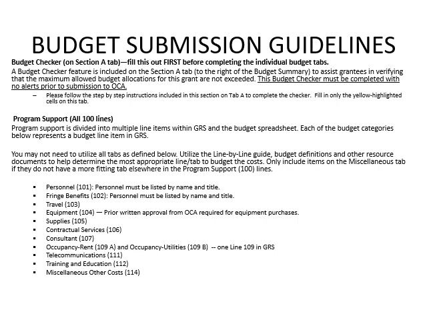But in any case, you should utilize the line-by-line guide, the budget definitions, and other resource documents to help determine the most appropriate line or tab to budget the costs. Only include items on the miscellaneous tab if they do not have a more fitting tab elsewhere in the program support 100 lines or in the 300 series of administration lines.